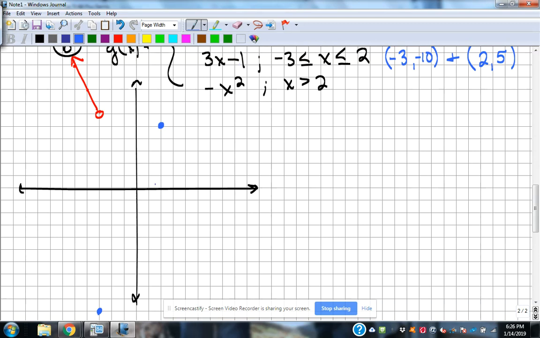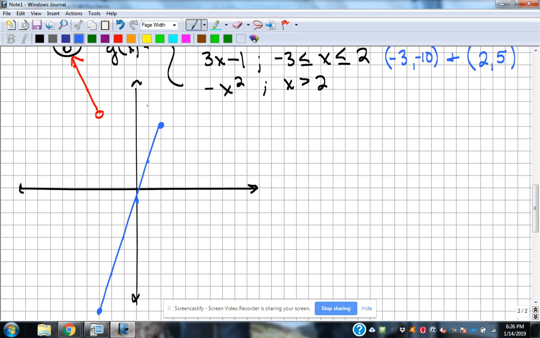We know that it crosses the y-axis at -1 because the y-intercept is -1. The slope is technically 3. So if I go up 3 over 1, I'll end up on all those points there. So it's going to be this straight line connecting those 2 endpoints because the equation is a straight line, not necessarily because we're just connecting the 2 dots.